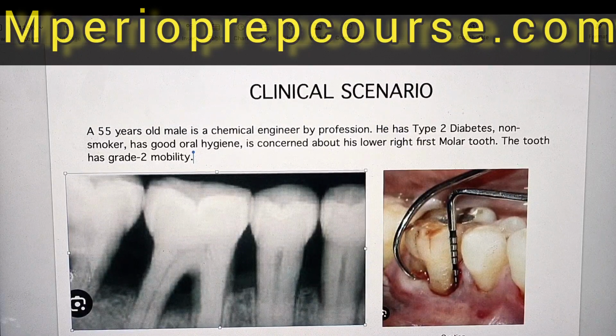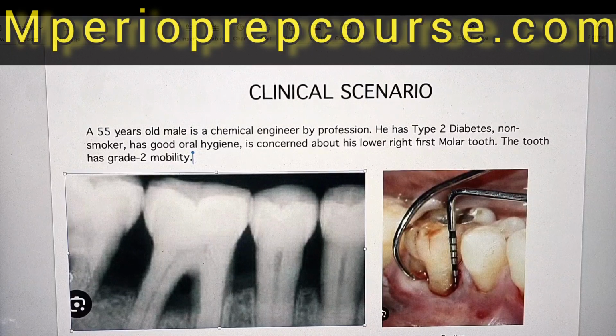I'm answering based on the McGuire and Nunn classification. Okay. Why are you saying this? Well, according to the classification, there will be more than 50% possibility of attachment loss. Okay. So any other factors you will consider for the prognosis of this tooth?